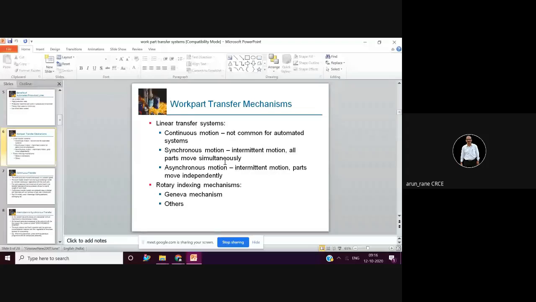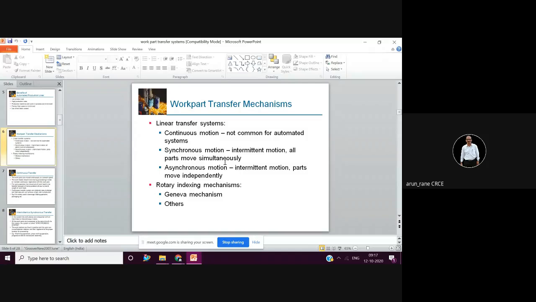And continuous means what? Irrespective of whether the work is completed at a particular workstation or not, it will keep on moving. The conveyor speed is such that, suppose the conveyor speed is 1 meter per minute. That is the velocity. Then it keeps on moving. So the workers or the operators have to move along with the conveyor and carry the work.